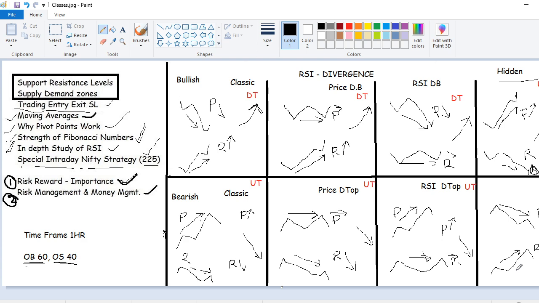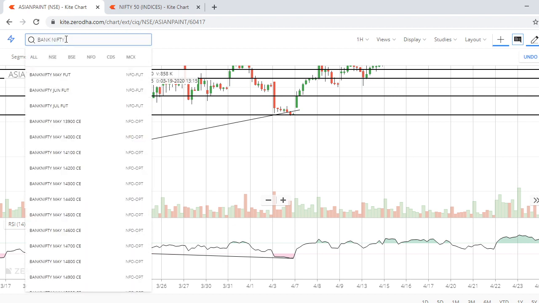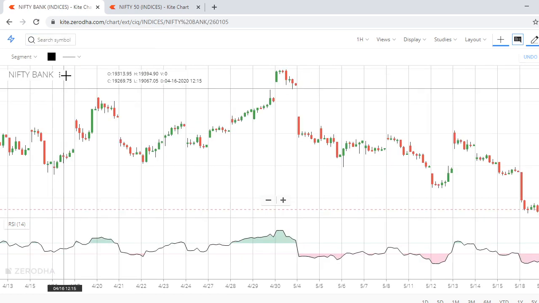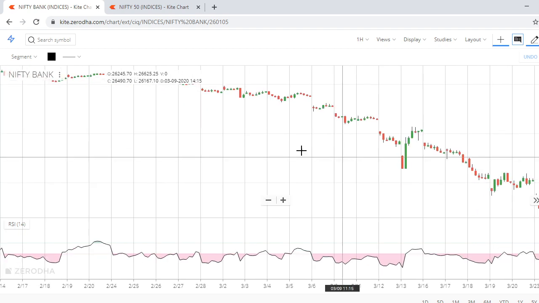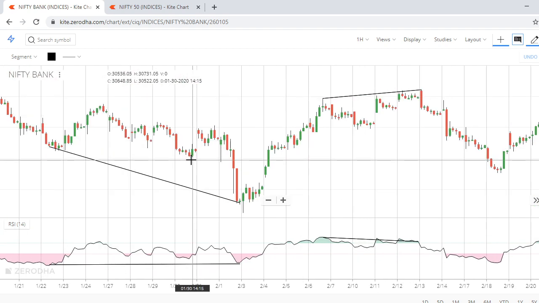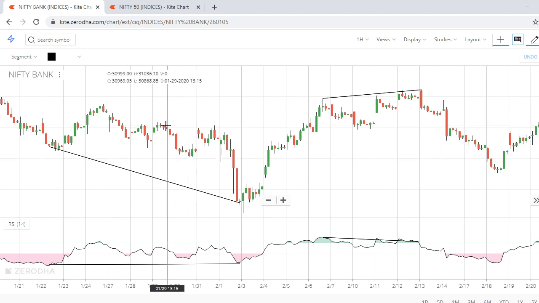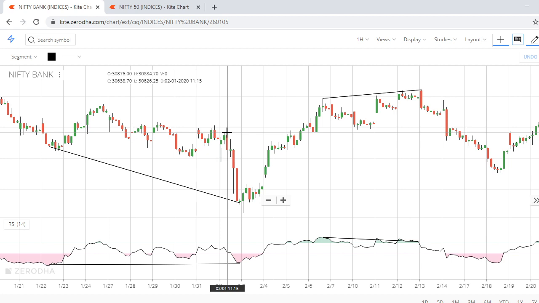For this, shall we check it in Nation, or shall we go to Bank Nifty? Because Bank Nifty, I used to trade regularly, so I remember these levels. Bank Nifty, when it was before Republic. Where is it?